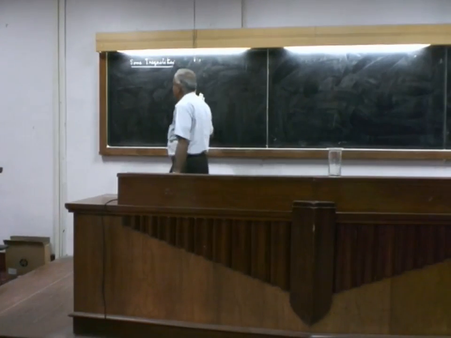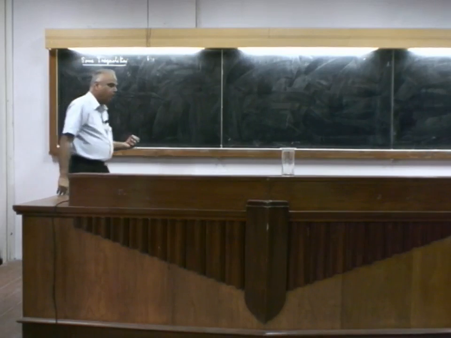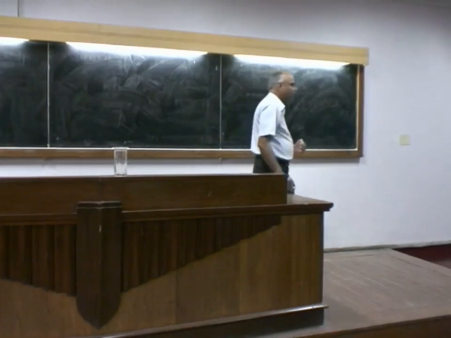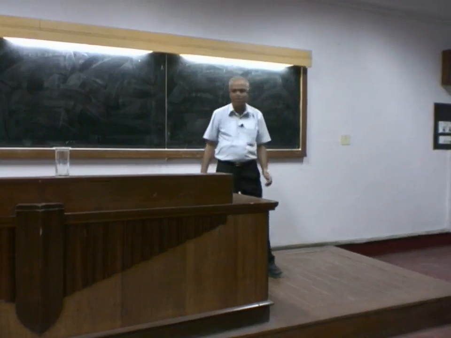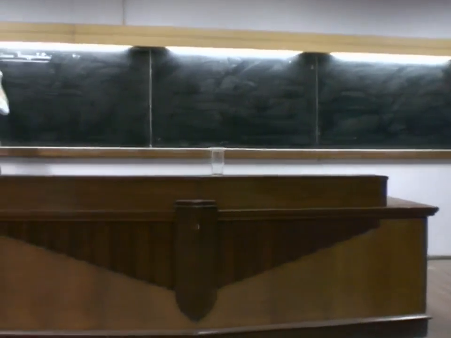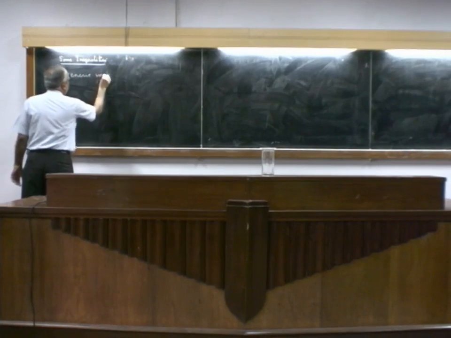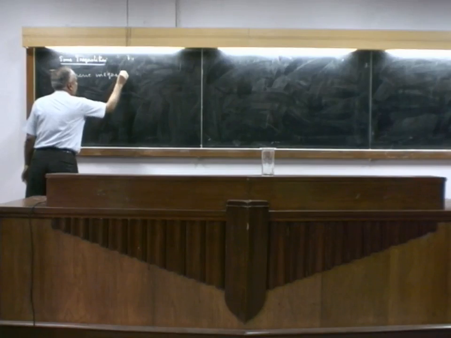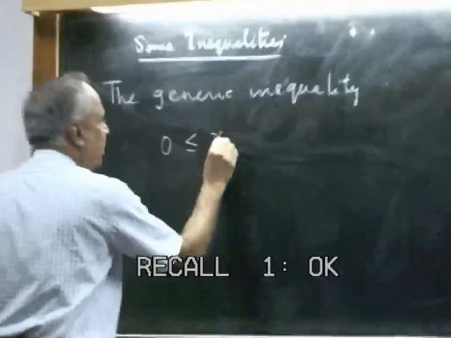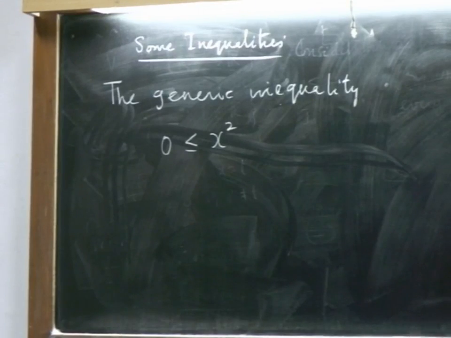But we are going to look at some very simple inequalities. We will start with a very generic inequality and build on that to get all the standard inequalities that we want. The most generic inequality is that if you take a real number and square it, it will always be non-negative.